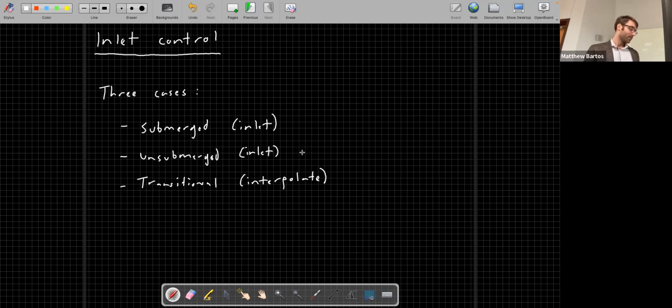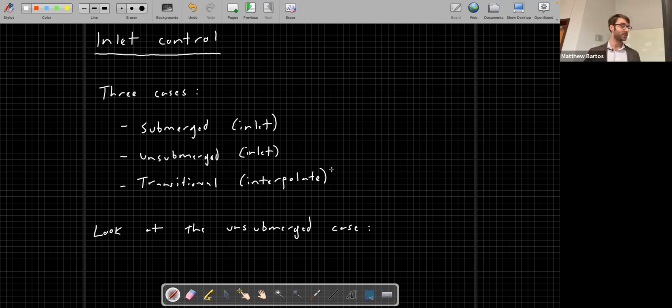Okay, so with that, let's talk about how we can actually analyze and design the dimensions of a culvert under inlet control. I'm going to look at the unsubmerged case. The submerged case is relatively similar, but I'm just going to show you the procedure for the unsubmerged case first.